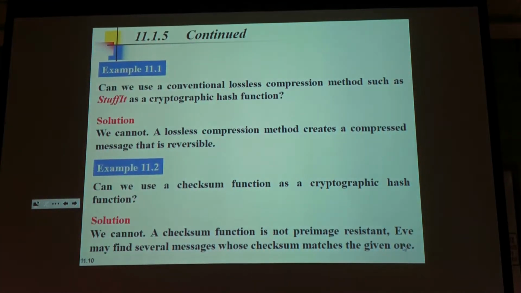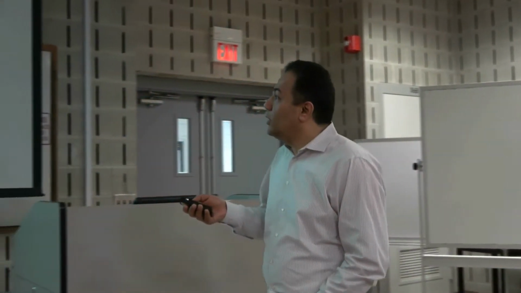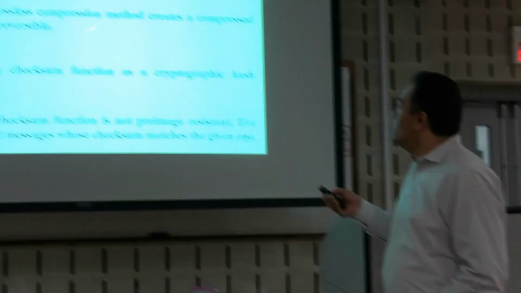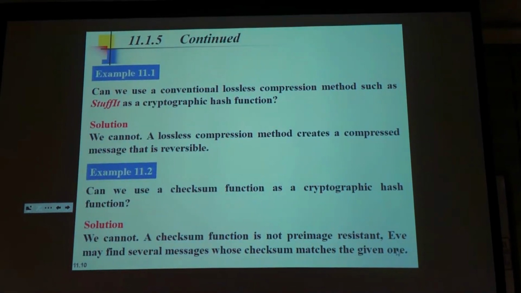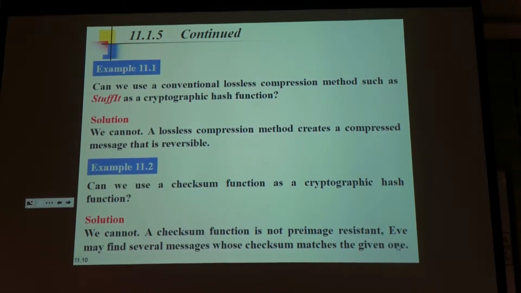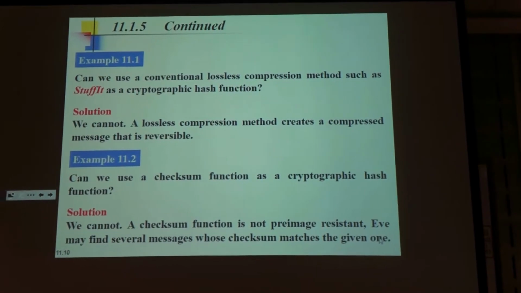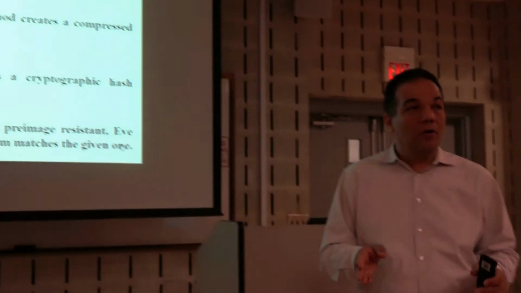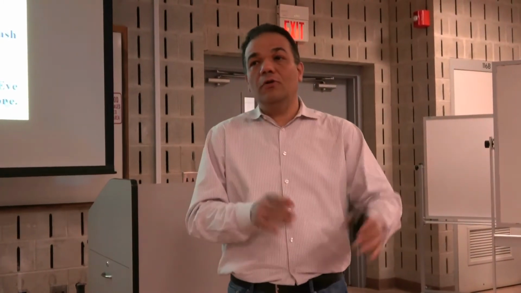What do you think? Maybe not, right? A lossless compression method creates a compressed message that is reversible. We don't want the message digest to be reversible. We could go only from the message to the digest, but we cannot go from the digest to the message.